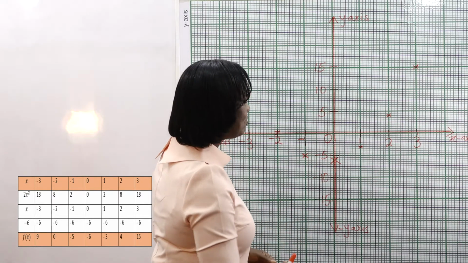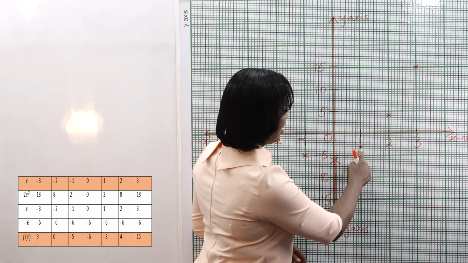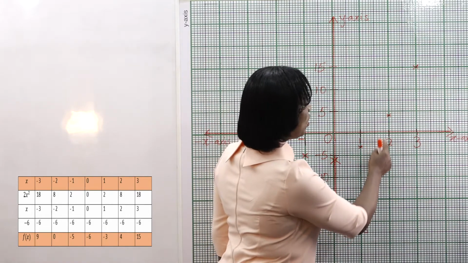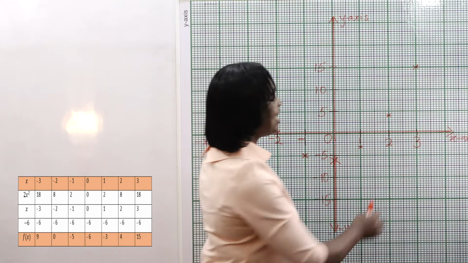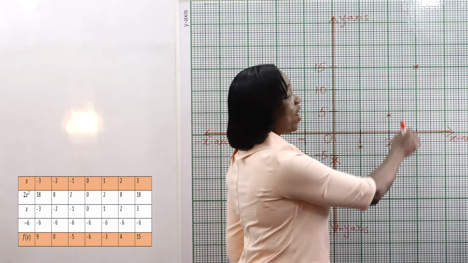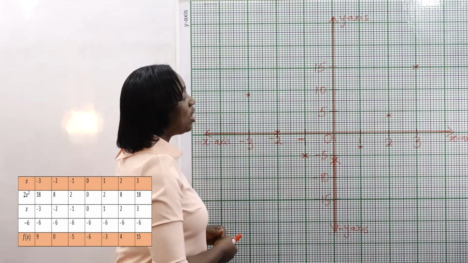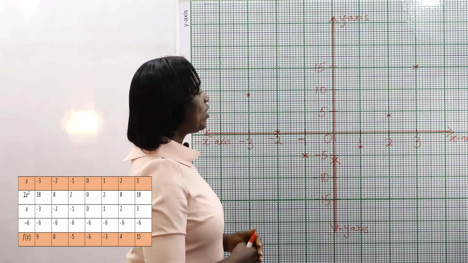And then when x is 1, y is minus 3. And when x is 2, y is 4. When x is positive 3, y is 15. So you plot those points on the axis. And this is what we have.